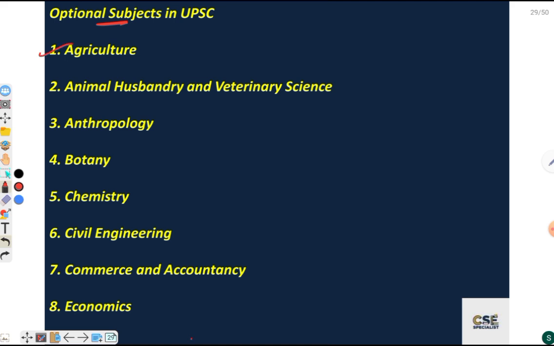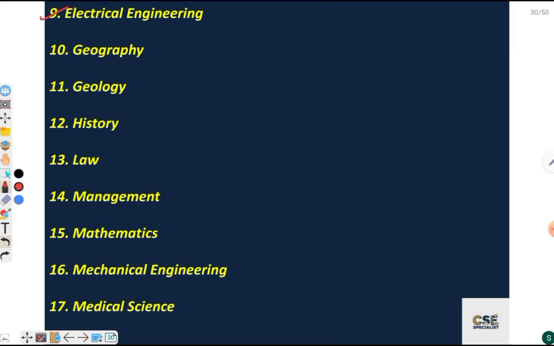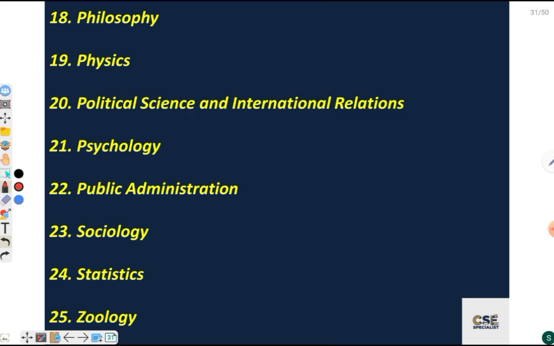One is agriculture, animal husbandry and veterinary science, anthropology, botany, chemistry, civil engineering, commerce and accountancy, economics, electrical engineering, geography, geology, history, law, management, mathematics, mechanical engineering, medical sciences, philosophy, physics, political science and international relations, psychology, public administration, sociology, statistics, zoology. All these 25 subjects have their own syllabus. So based on your choice, you have to see the syllabus and decode it.